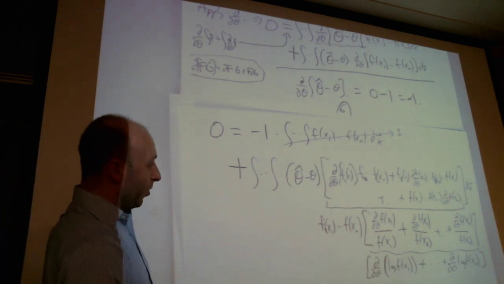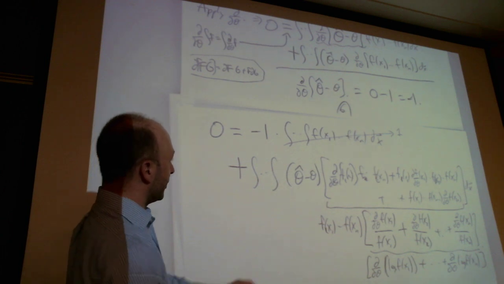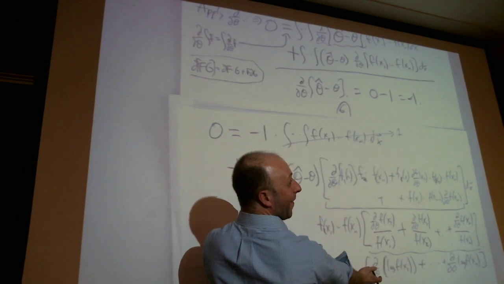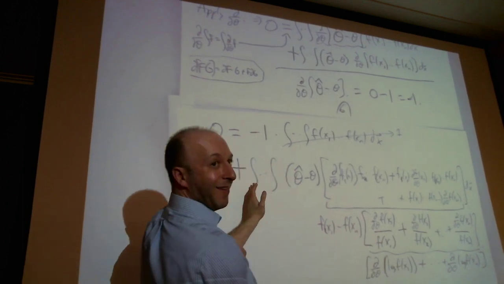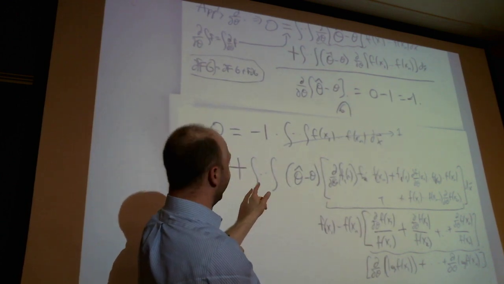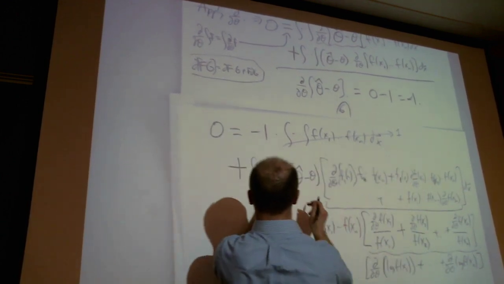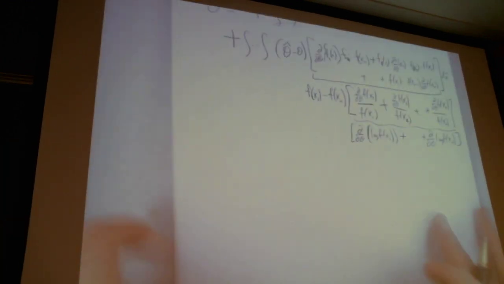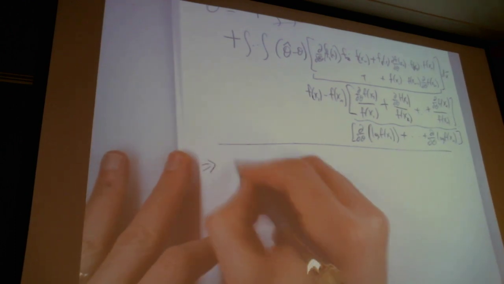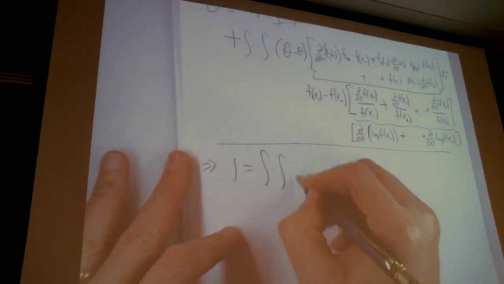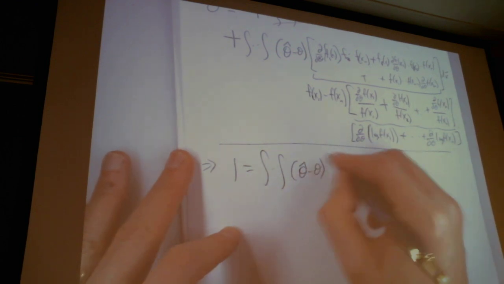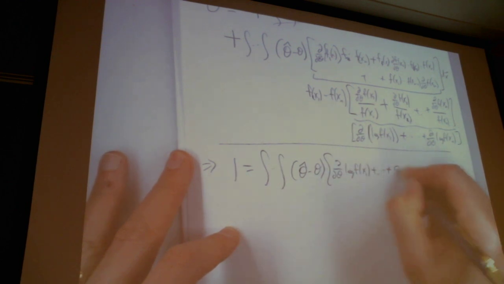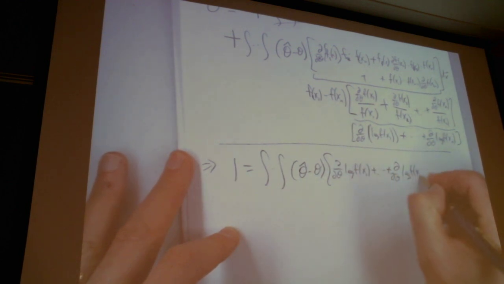All right, we are almost there. We want to apply Cauchy. So this whole big integral plus negative 1 is equal to 0, so it's equal to 1. Okay? So 1 is equal to this whole integral of theta hat minus theta, times d/dθ log f of x1 through d/dθ log f of xn.